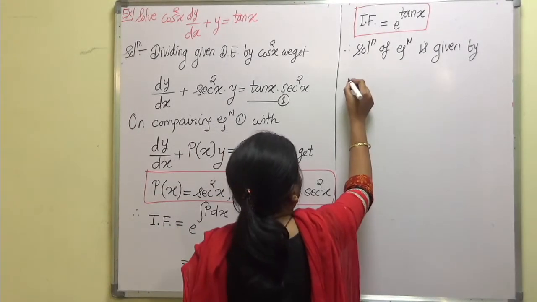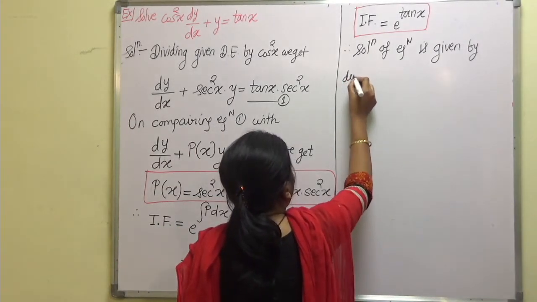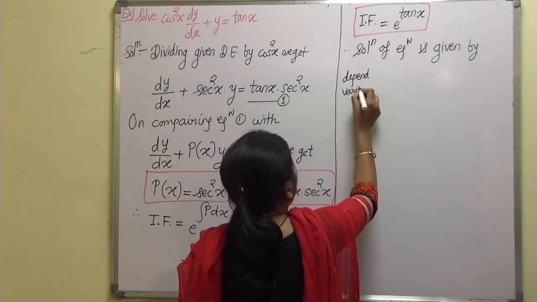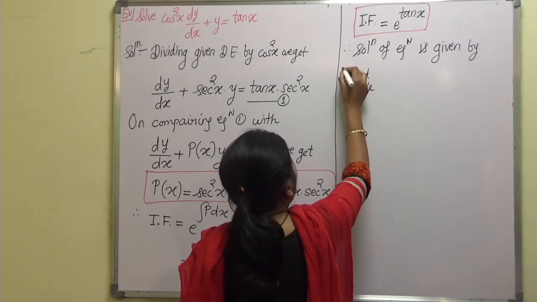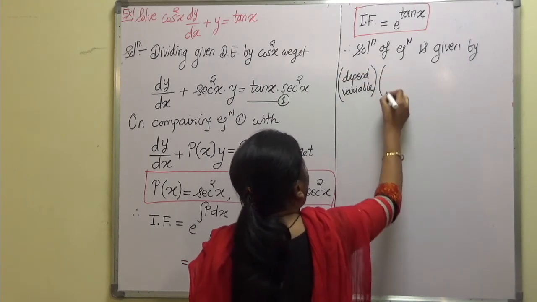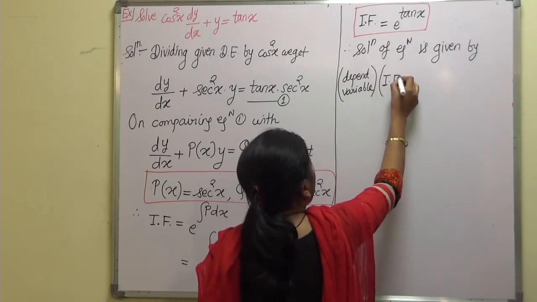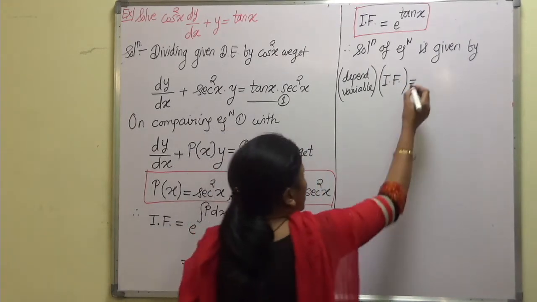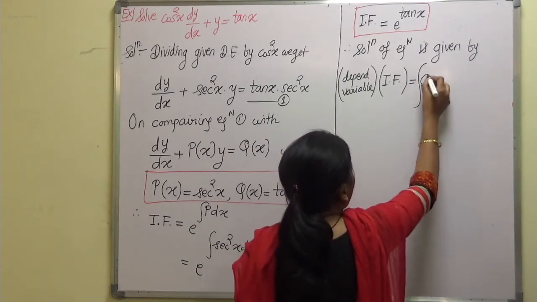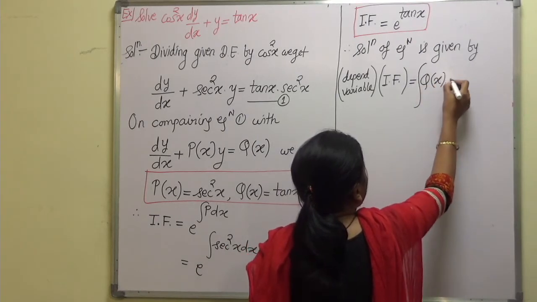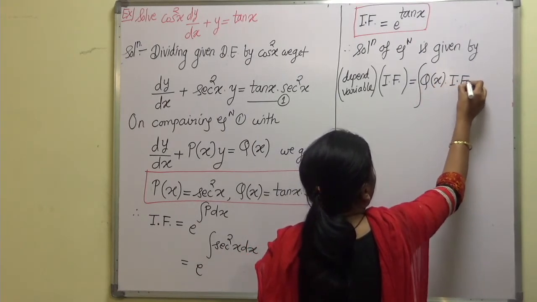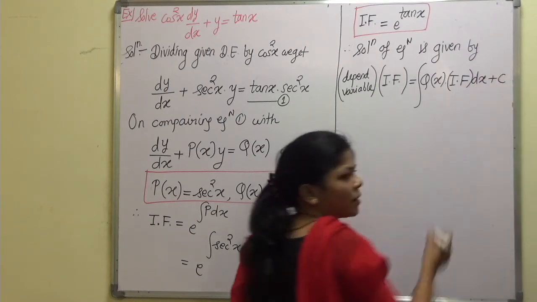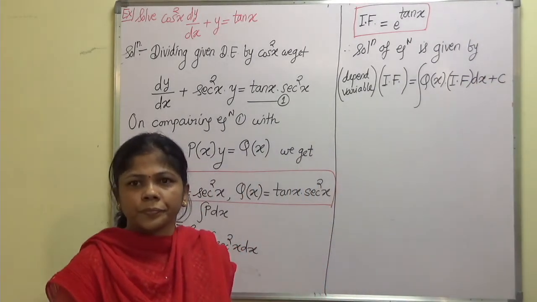It is given by dependent variable into integrating factor is equal to integration of q of x into integrating factor plus constant of integration.